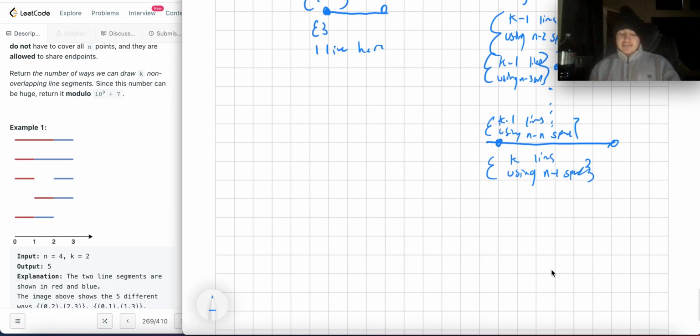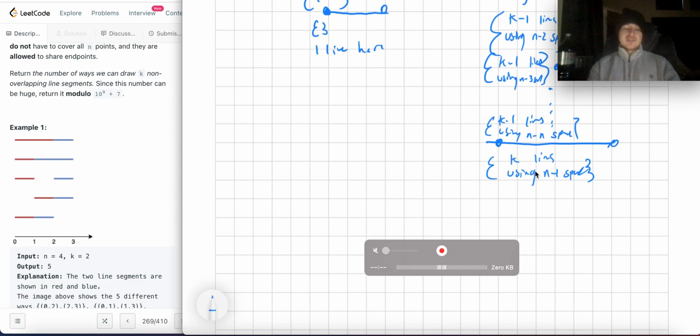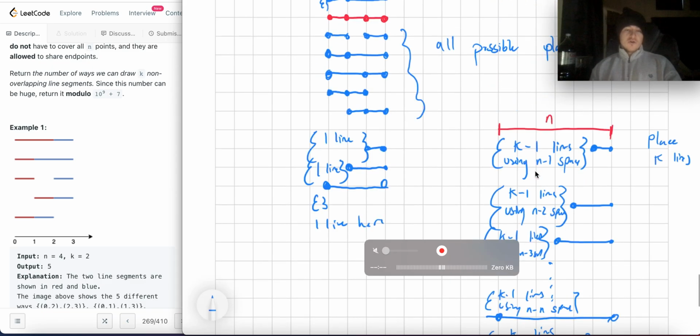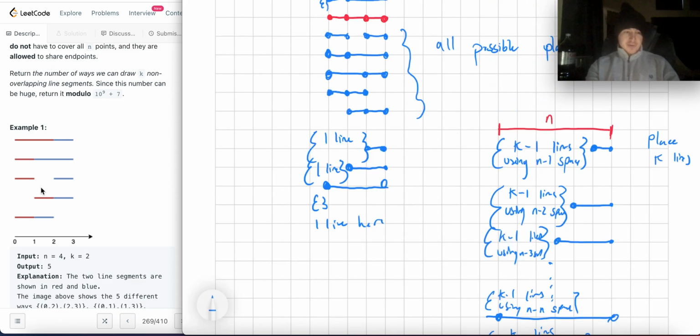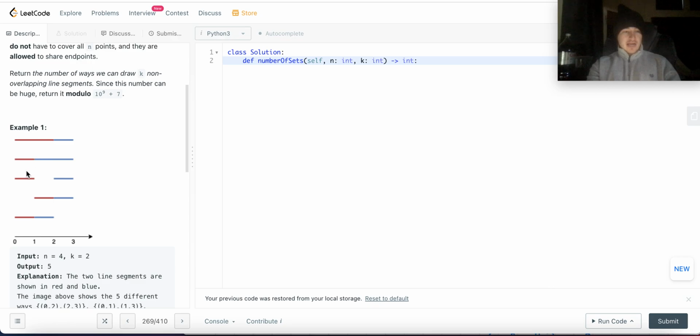Or I can decide that I don't want to put a line here, and I can just use k lines to fill up n minus 1 space, and that will create the space you see in this example, right? Like in the beginning, I can do a line of length 1, and these are the ways I can use one line in this system.